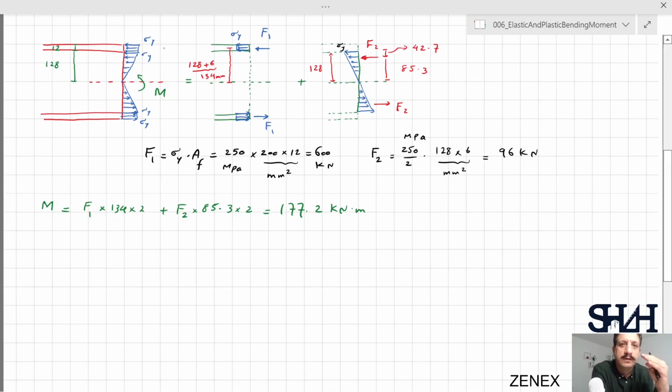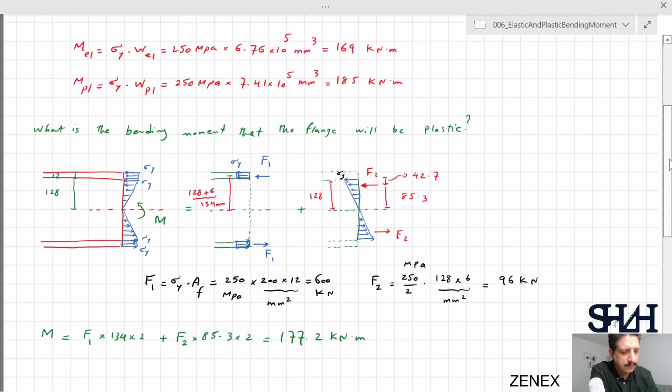It should be between elastic moment and plastic moment. Let's check. So 177 is between 169 and 185. The other question might be to calculate the depth of plastic of this cross section if the moment is, let's say, 180.